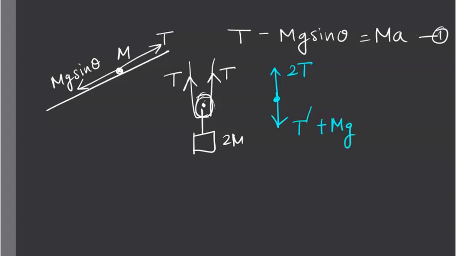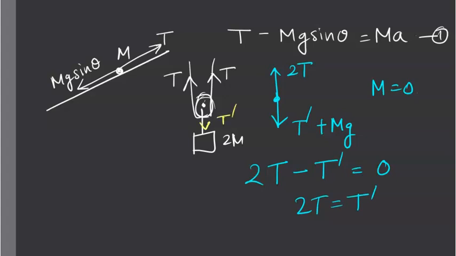But here the pulley is massless, so m is 0. So we get 2T minus T dash is equal to ma, but m is 0, so we directly get 0. So 2T is equal to T dash. So this tension T dash is 2T.